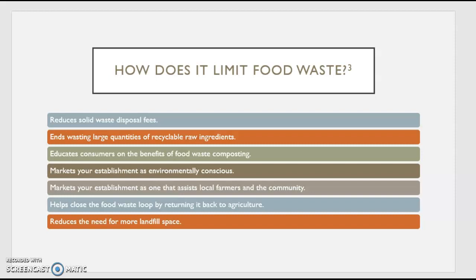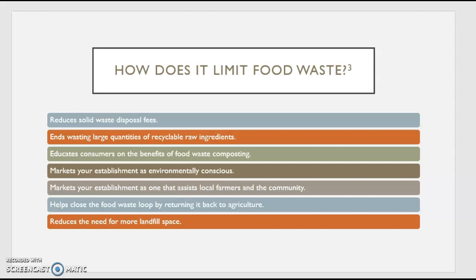But how does it limit food waste? Composting helps reduce solid waste disposal fees. It helps in wasting large quantities of recyclable raw ingredients. It educates customers on the benefits of food waste composting.